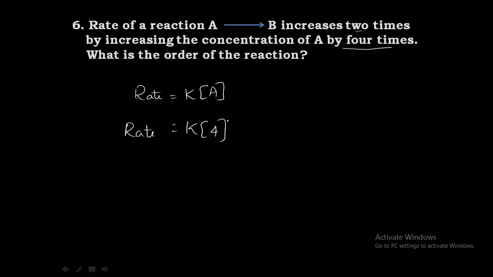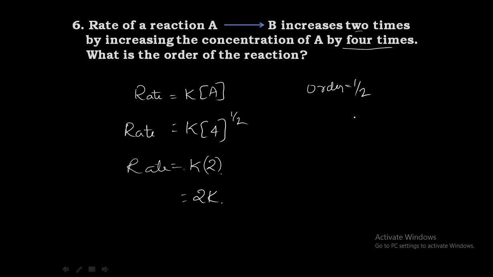If we take the power 1 by 2, then 4 raised to 1 by 2 means the square root of 4, which is nothing but 2. So we get 2 when it is 4 raised to 1 by 2. So rate is equal to K into 2, or 2K. So the rate of reaction increases 2 times if we increase the concentration of A by 4 times, and thus the order of reaction is 1 by 2.